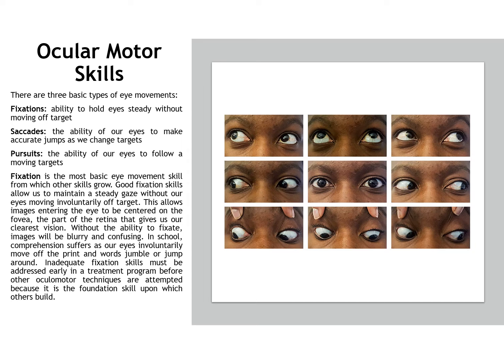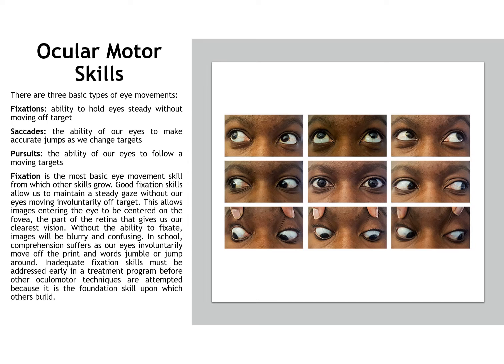Fixation is the most basic eye movement skill from which other skills grow. Good fixation skills allow us to maintain a steady gaze without our eyes moving involuntarily off target. This allows images entering the eye to be centered on the fovea, the part of the retina that gives us our clearest vision.